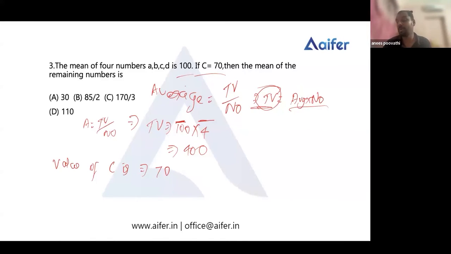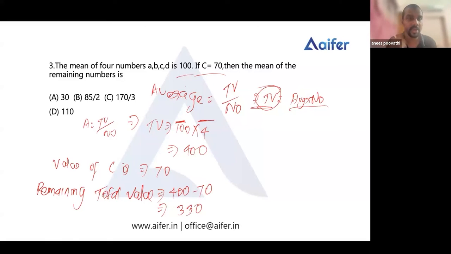Now we want to find the remaining total value. If C is removed, the remaining total value will be 400 minus 70, that is equal to 330.